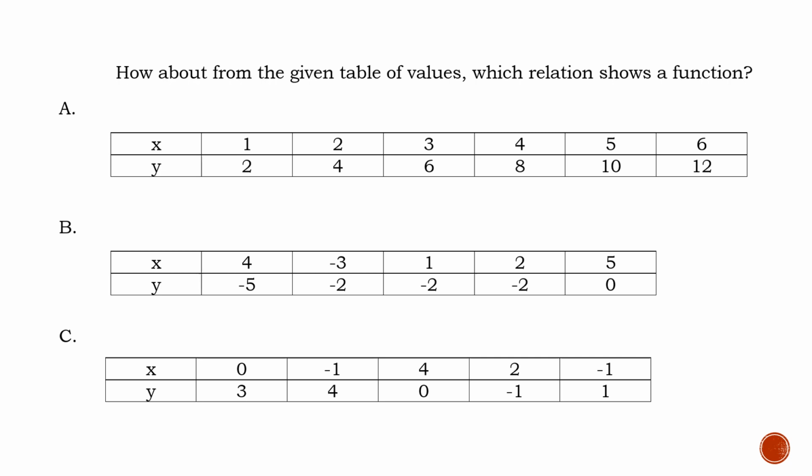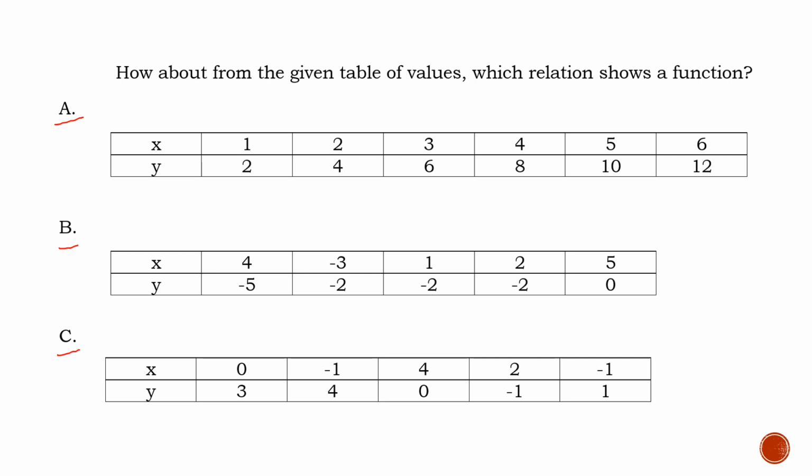So for the next example, for us to understand well what is a function and a relation, how about using this given table of values? Which relation shows a function? Your A, your B, and your C are considered as a relation. But again, which relation shows a function?